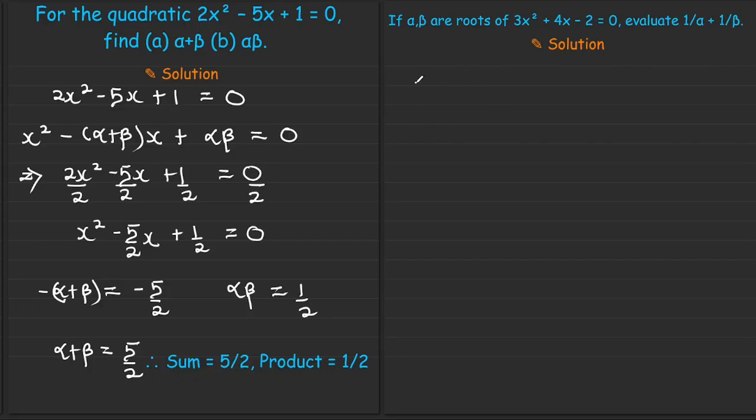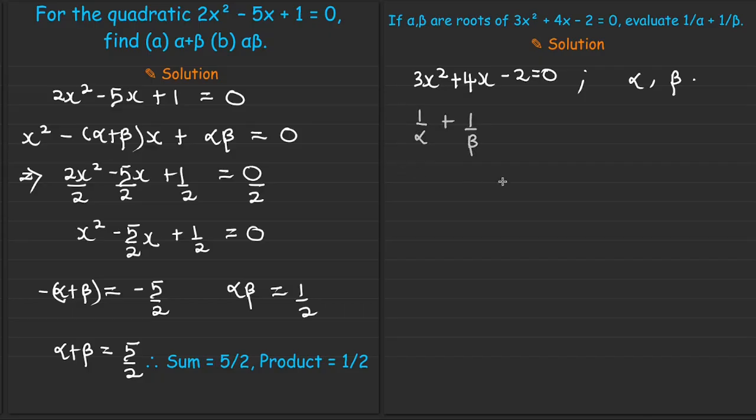For the equation 3x squared plus 4x minus 2 equals 0, our roots are simply alpha and beta. Now what we want is 1 over alpha plus 1 over beta. How are we going to get this?